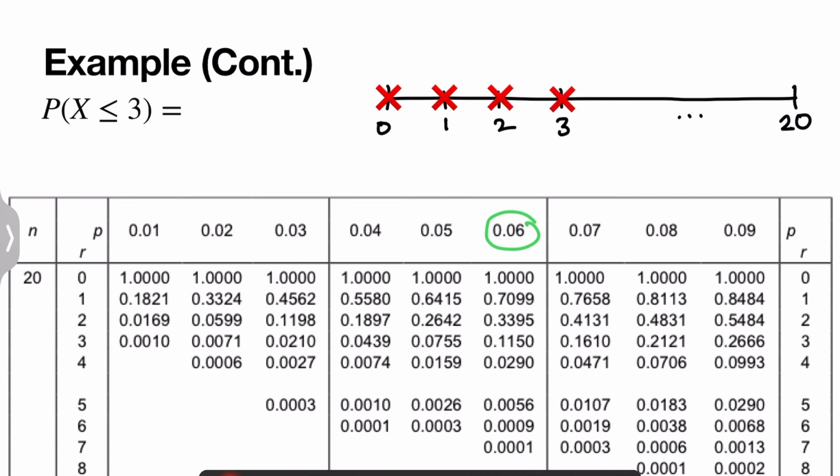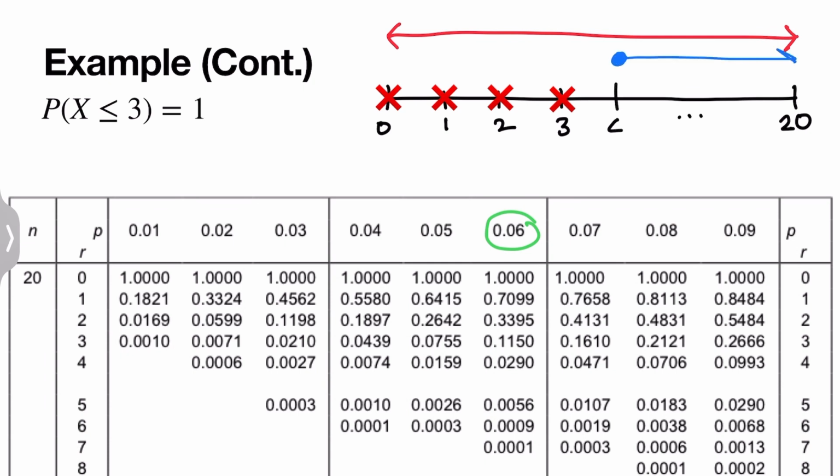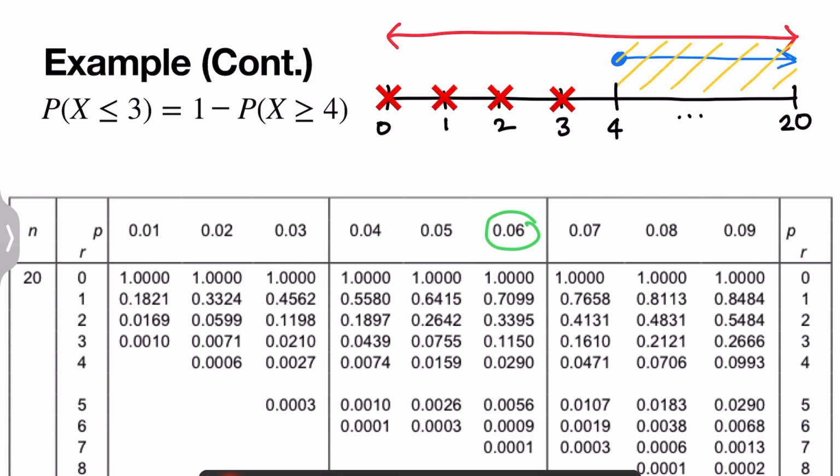So buat complement, 1 minus, 1 semua sekali akan tolak nombor selepas apa? Apa nombor selepas 3? 4. Okay, akan tolak dengan 4. So maksud dia di sini x greater than or equals to 4. So tolak kan? Okay, so kita dapat apa yang kita nak.